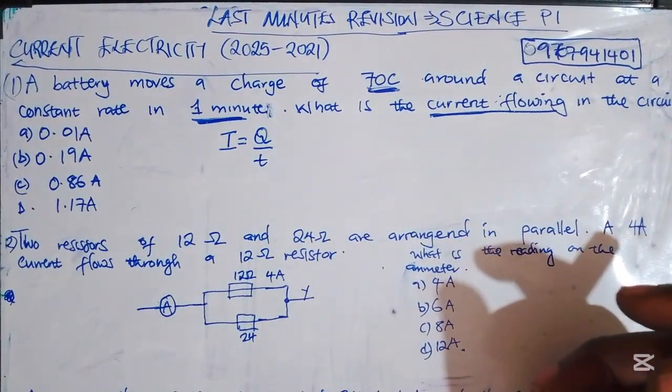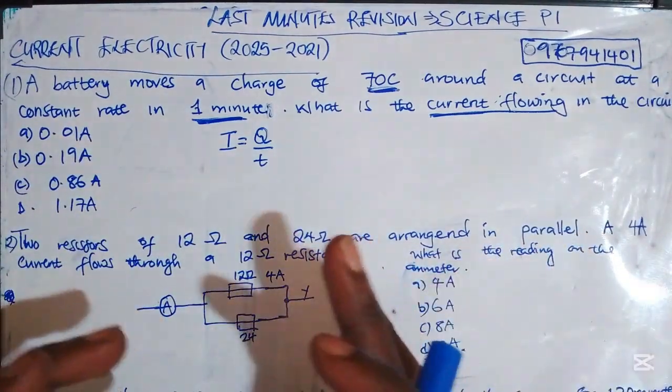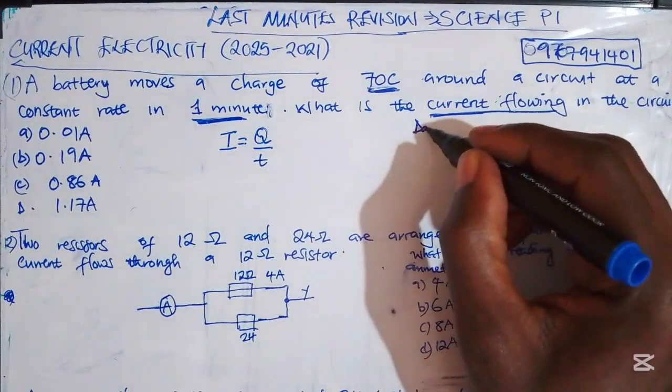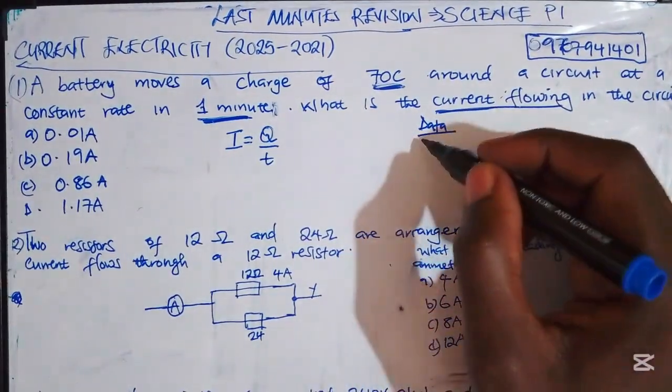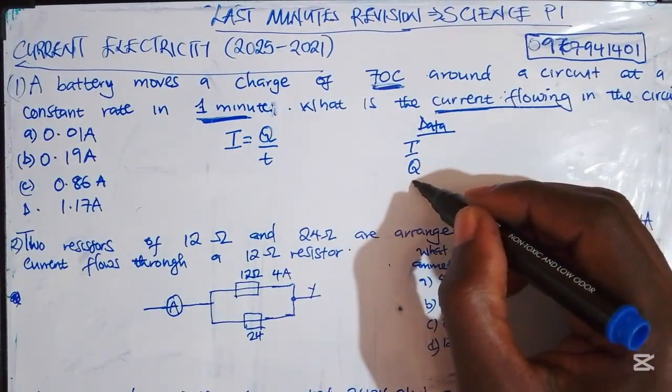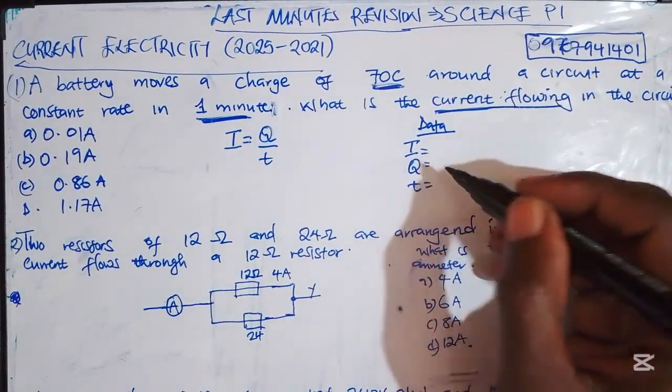After identifying the formula which you are going to use, next is for you to collect the data. So here, what is our data? Our first thing is our current, our second thing is our charge, then third we have time.